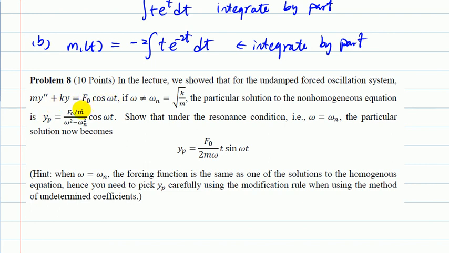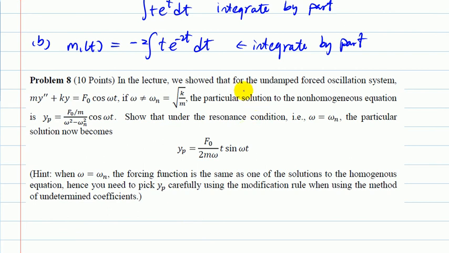The case you're going to solve is when omega equals omega n, which is the square root of k over m. It's an application of the modification rule, solving for a general solution with particular yp. When this is the case, we call it resonance. If you want to wait until next Monday, we'll be able to solve this.